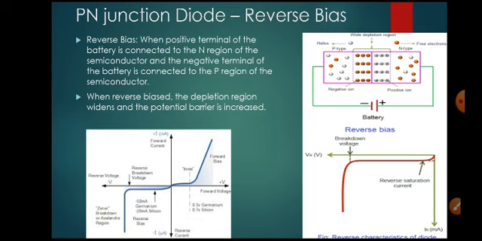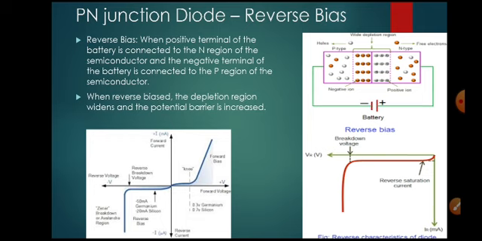Since the number of minority charge carriers is very small, the current in reverse bias is also very small in the junction.